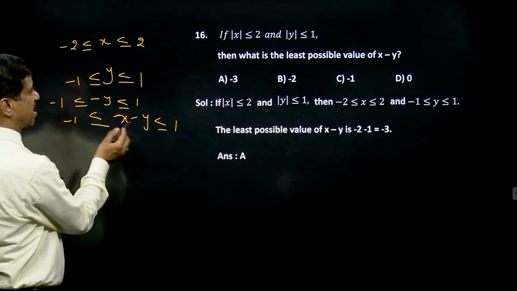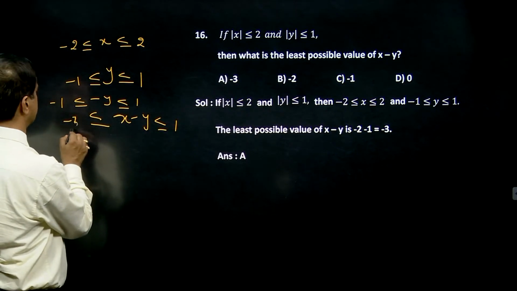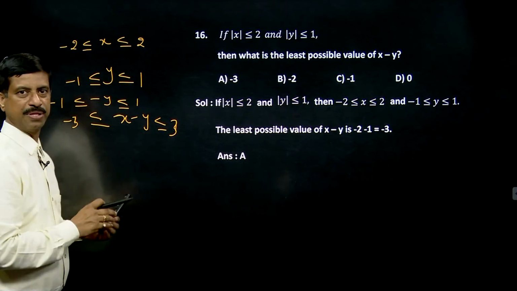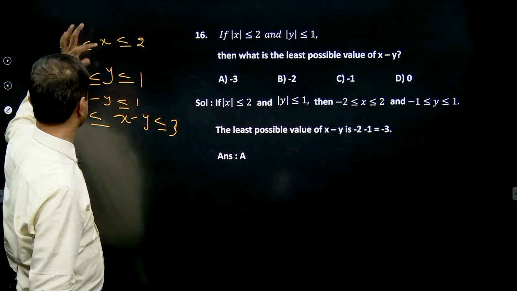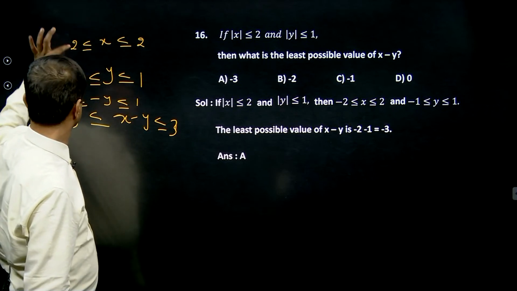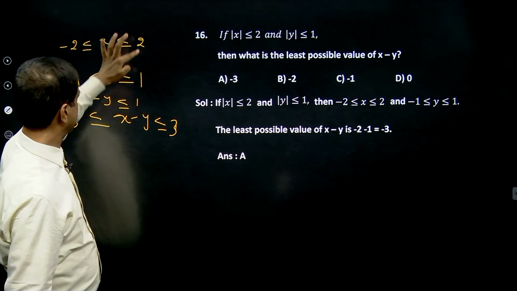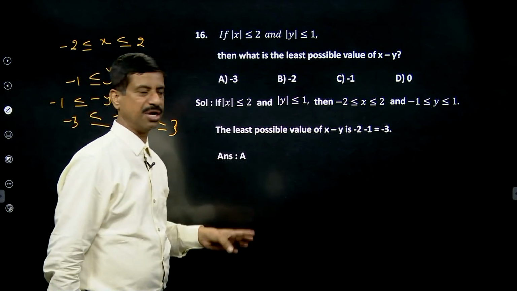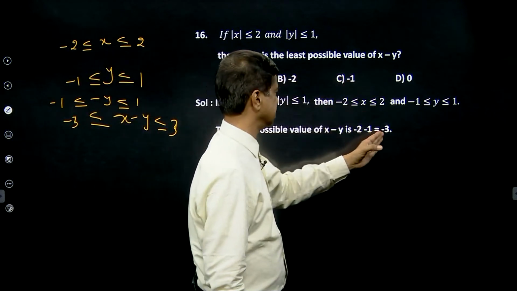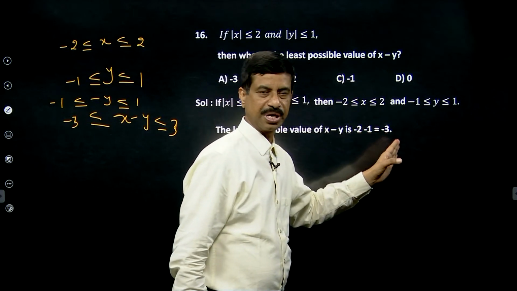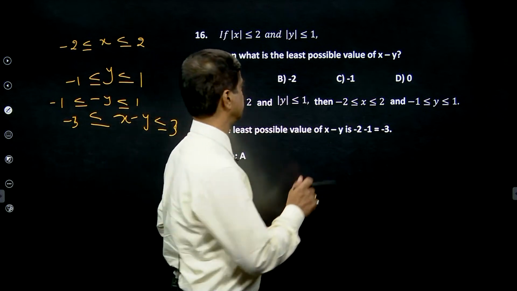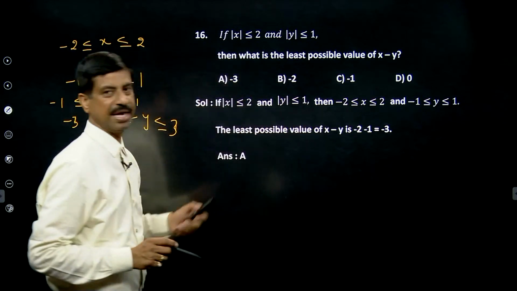In that case, x minus y lies between minus 3 and 3. Add these two, here minus 3, here 3. Right, children? So the least possible value of x minus y in that case is minus 3. So which option satisfies? Option A satisfies.